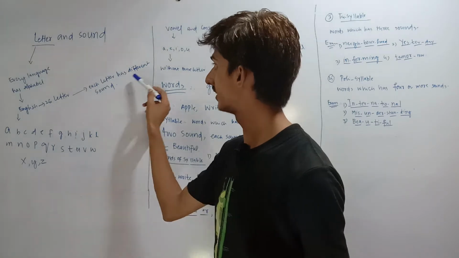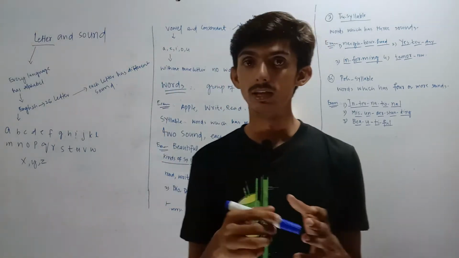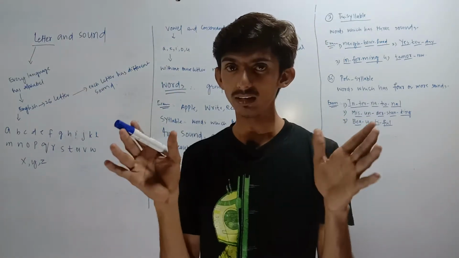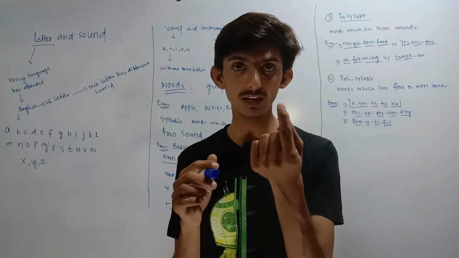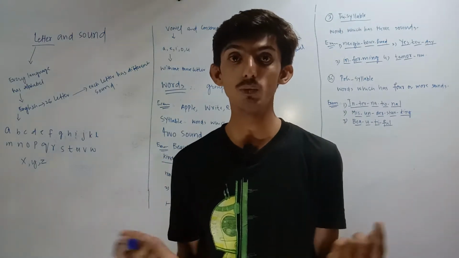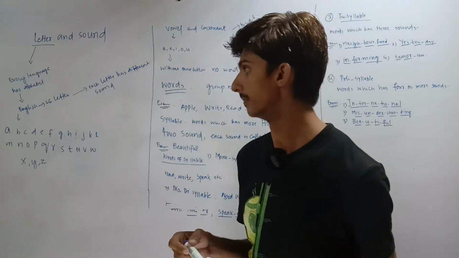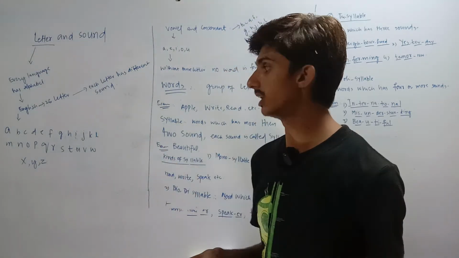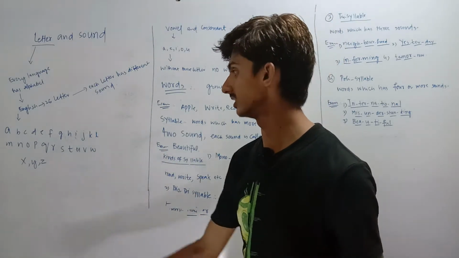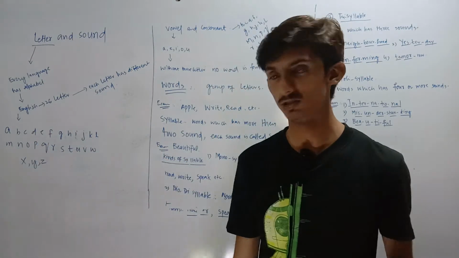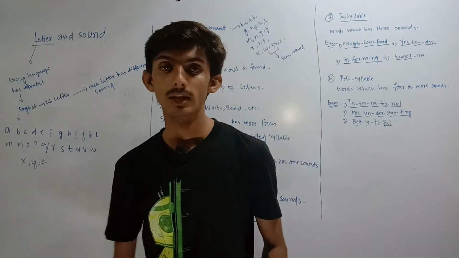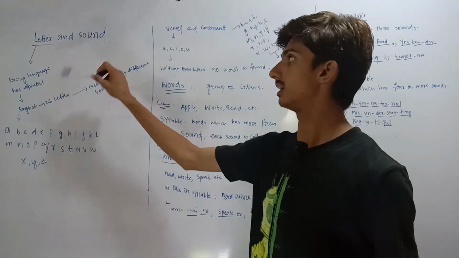Each letter has a different sound. One letter may have 2 or 3 possible sounds. The English language has 26 letters, the alphabet of English from A to Z. Now this is all about the letter and sound.